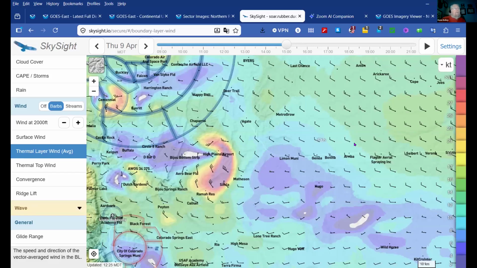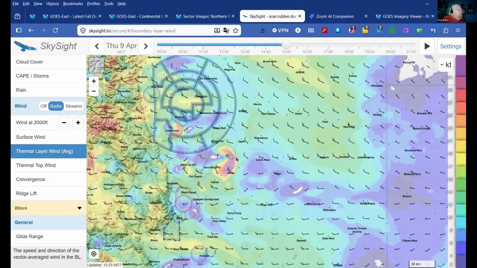Now, one of the problems that you have with this is that this might conceptually be talking about a layer of the atmosphere that is 10,000 feet deep. If the atmosphere's got something going on, like a frontal passage, there can be a large change in the wind direction through the boundary layer.